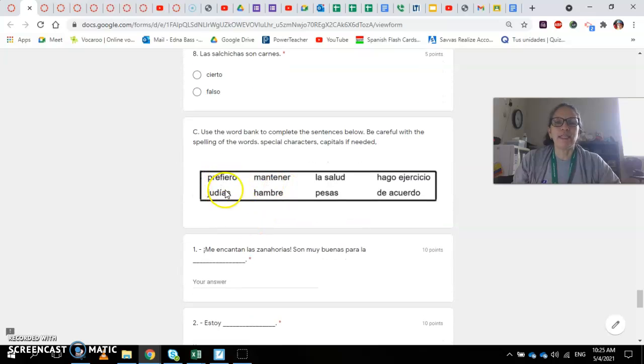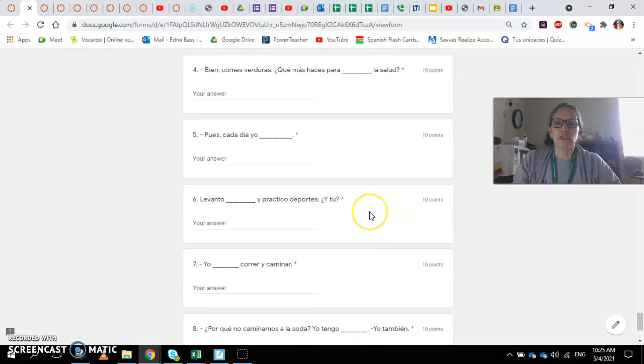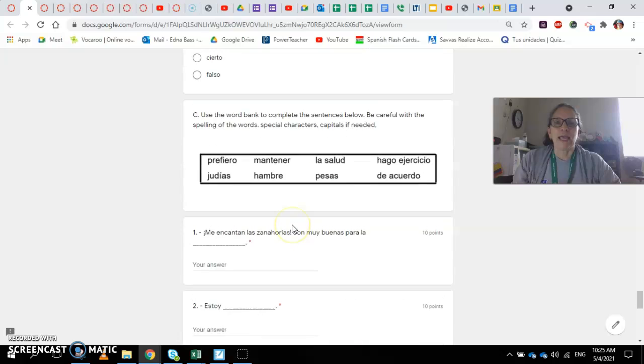And then I gave you this word bank where you have 2, 4, 6, and 8 words, and you have 8 questions here, and there are some blanks. So right here, where it says you answer, you're going to type the word that you consider goes in that sentence. So you're going to pick one word from here.